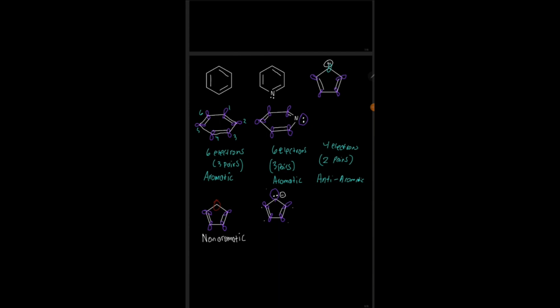So 6. 3 pairs that you can see because of our bond right here, bond right there, lone pair right there. 3 bonds, 6 electrons. Remember when it's odd? Aromatic.